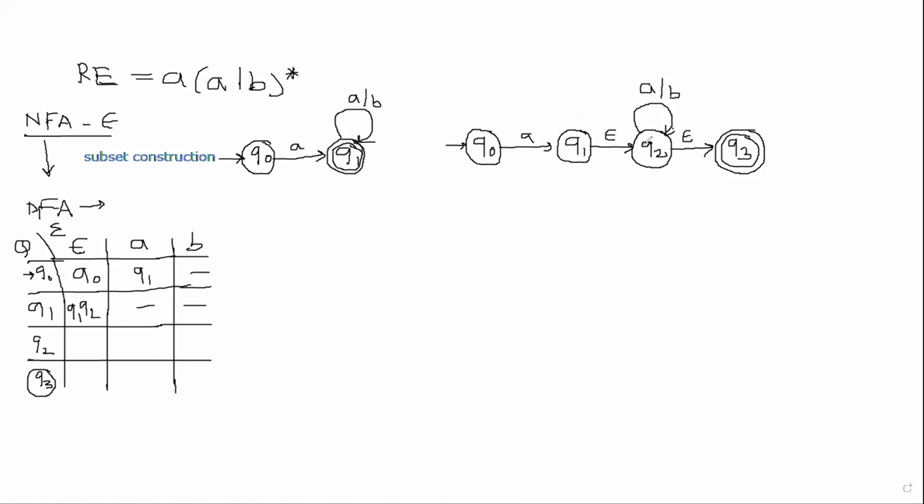Then Q2 with null, there are 2 moves possible. From Q2 with null, I am reaching to Q3, and from Q2 with null, I am reaching to Q2 itself. And from Q2 with A and B, I am reaching to Q2.